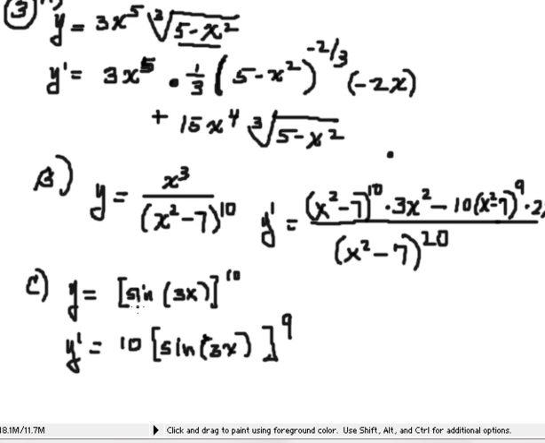Now let's multiply by the derivative of this inner function. We have a chain rule here as well. The derivative of the outer, that's the derivative of sine, is cosine. Here's the inner, times the derivative of the inner 3x, that's times 3.